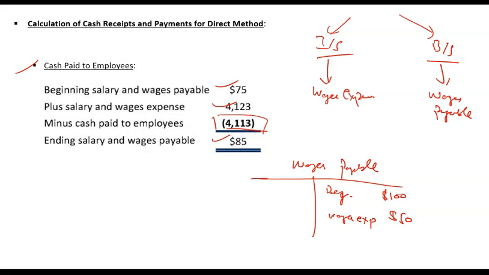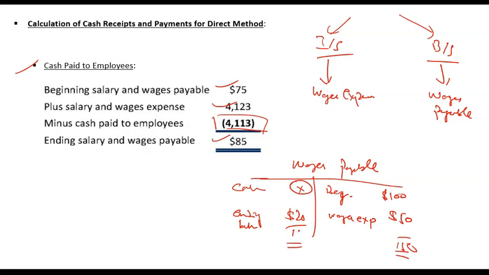So when I make the payment, it is cash credit and payable debit, because when I pay, the payable will decrease. A decrease in payable would mean a debit on payable. So that means this will be my cash, and there will be some ending balance, that will be the adjusting figure. Let's say the ending balance from the balance sheet is $20.